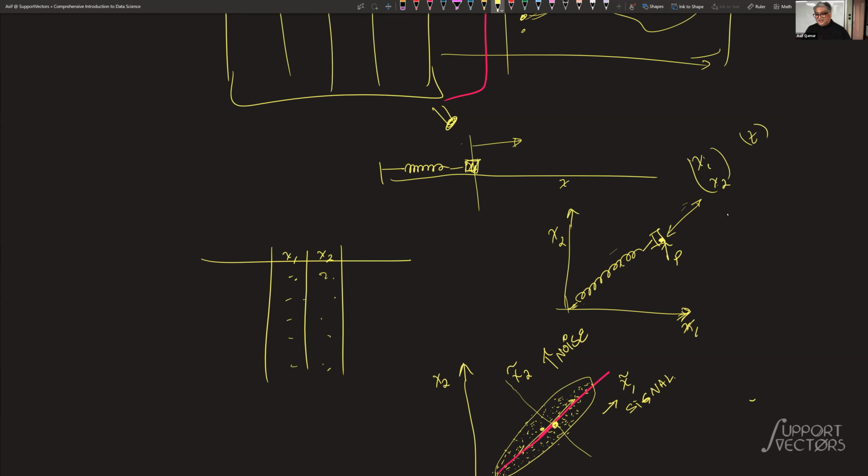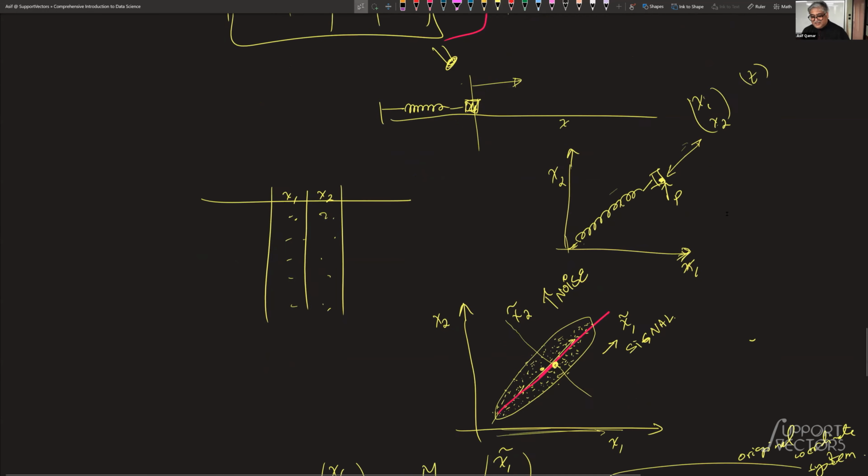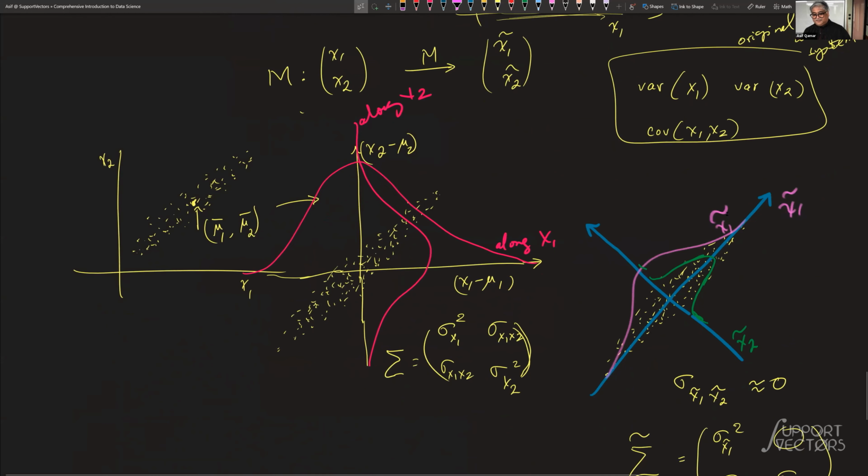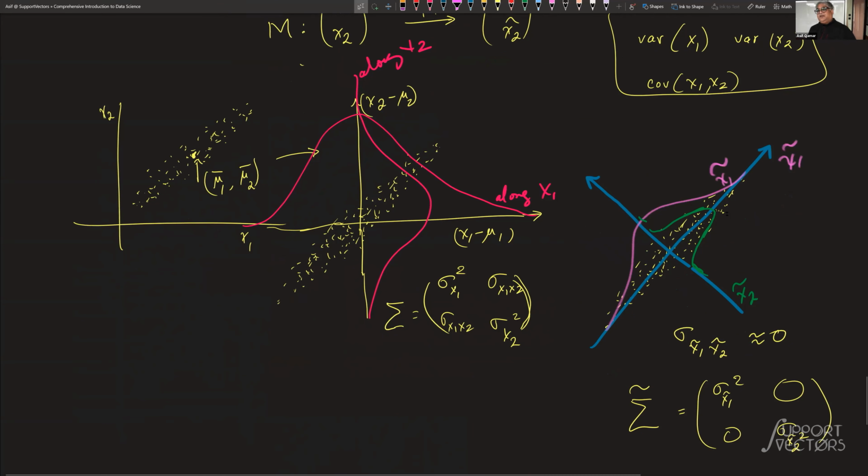It's a lot harder, I hope you would agree, than writing the location in this axis, where you can say x1 tilde is equal to, to the first approximation, an oscillation, isn't it?